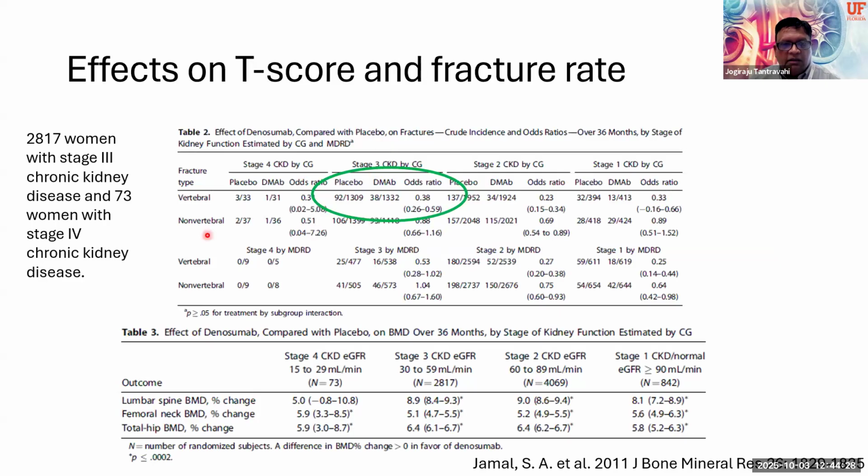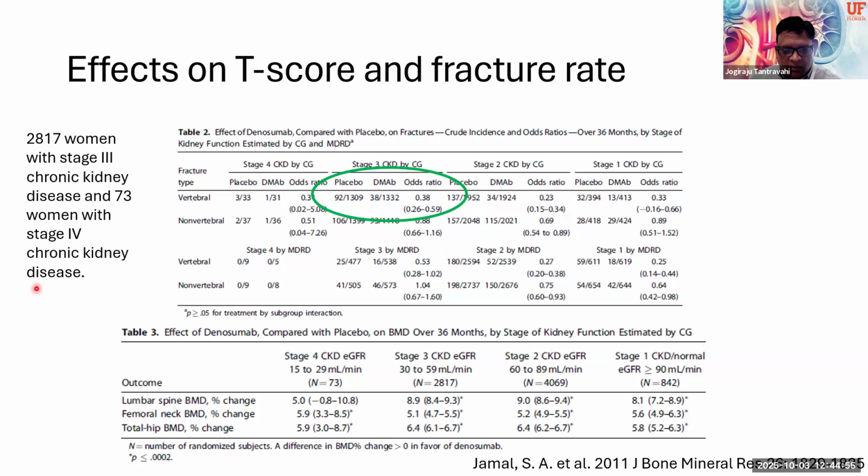Now, be that as it may, we can see that among patients with stage 3 chronic kidney disease, the rate of vertebral fractures was decreased with denosumab therapy. Okay? Not so much non-vertebral, but certainly vertebral fractures were decreased. And the T-score improved because there was a small but significant increase in bone density across all classes.